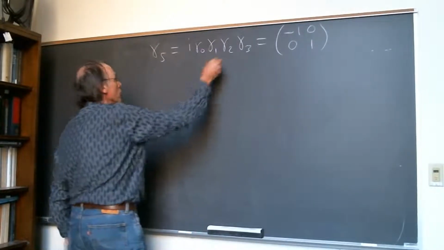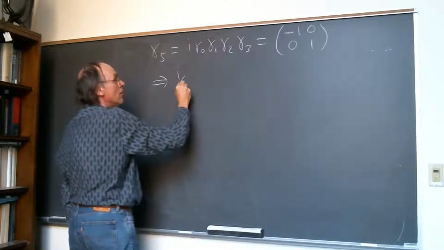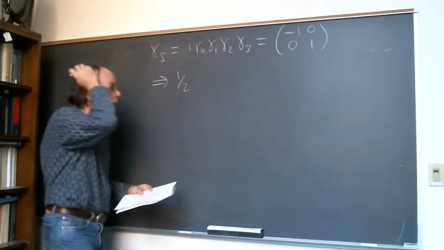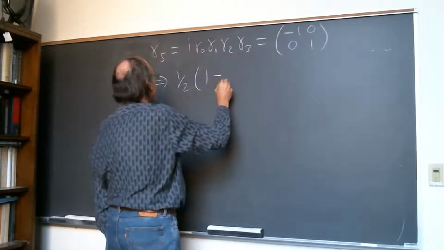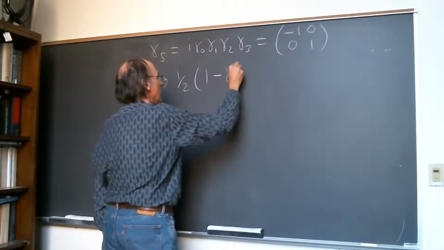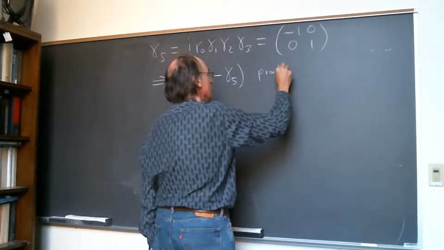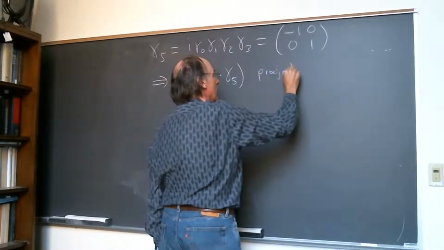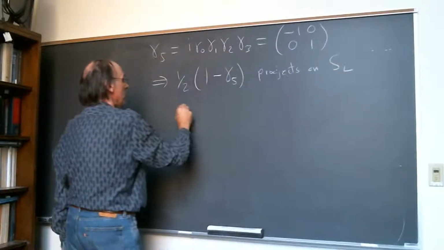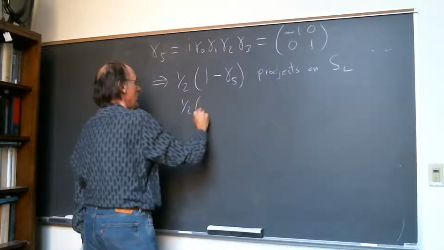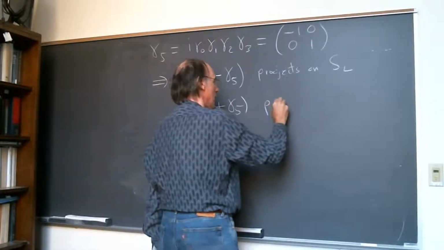So this implies that 1/2 (1 minus gamma 5) projects on L and 1/2 (1 plus gamma 5) projects on R.